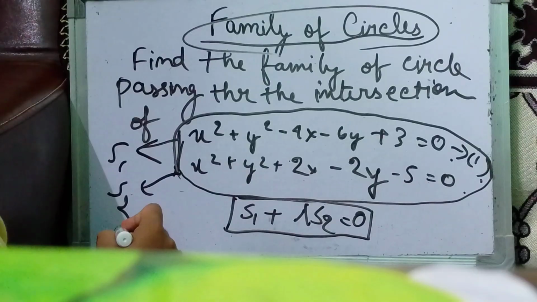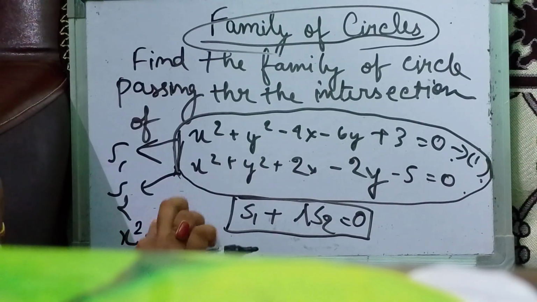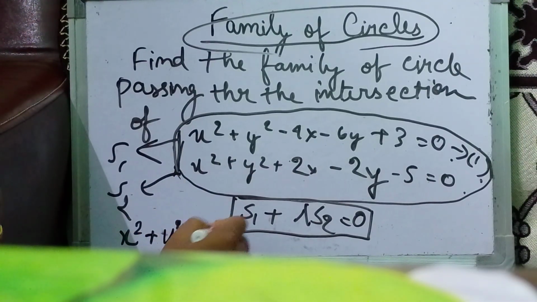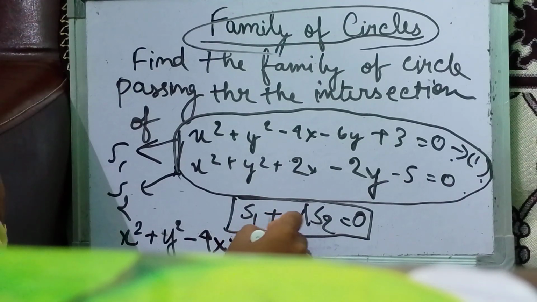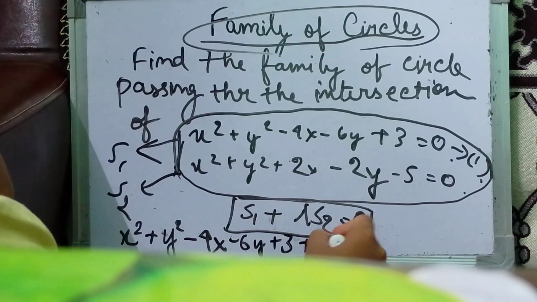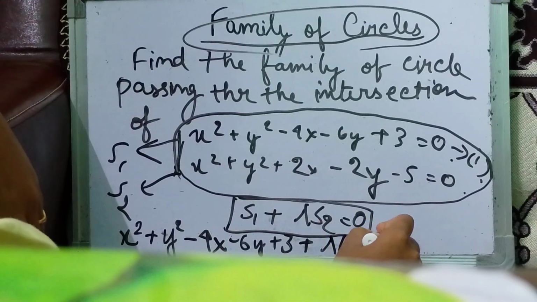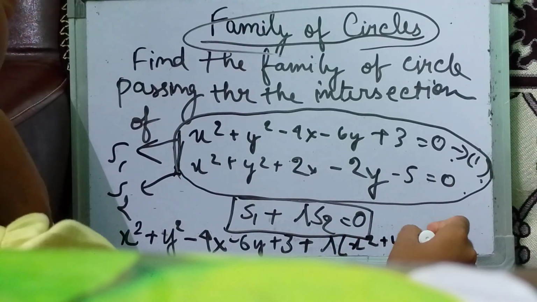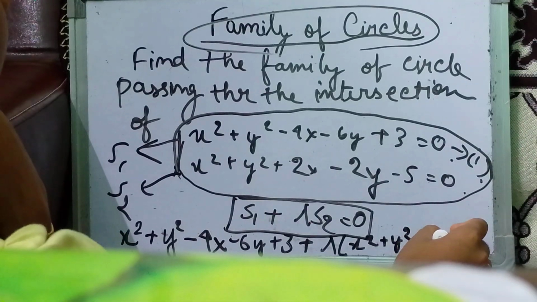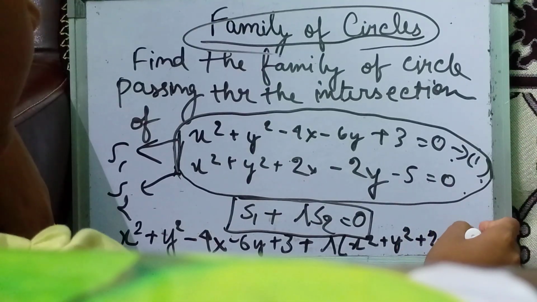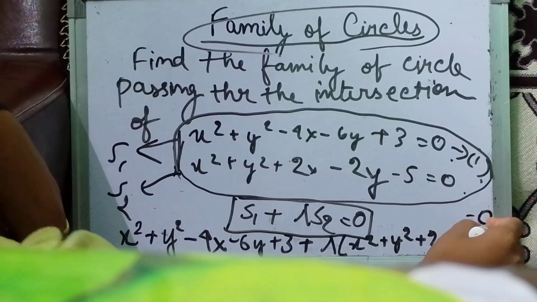So after putting in the equations, we get x square plus y square minus 4x minus 6y plus 3 plus lambda times x square plus y square plus 2x minus 2y minus 5 equals 0.